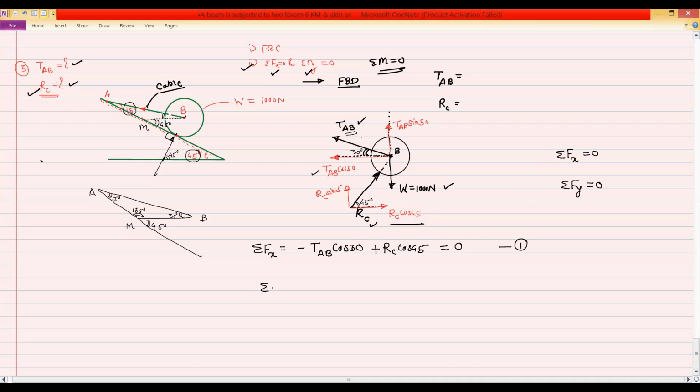Then write down summation Fy. So for summation Fy, tension AB sine 30 is positive. Then RC sine 45, again positive, and minus this 1000.